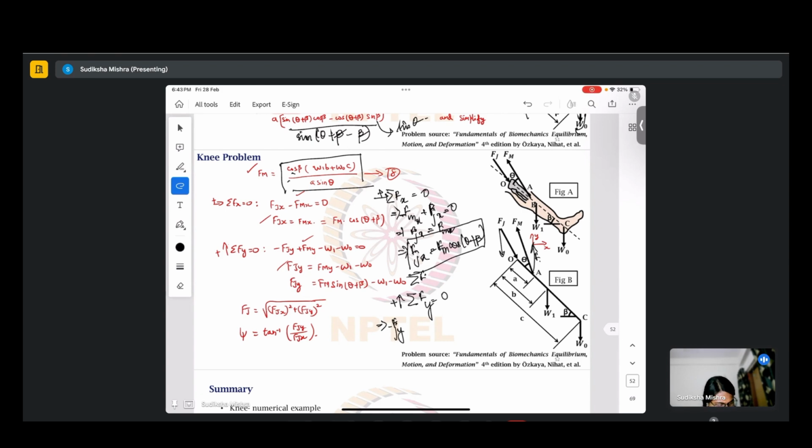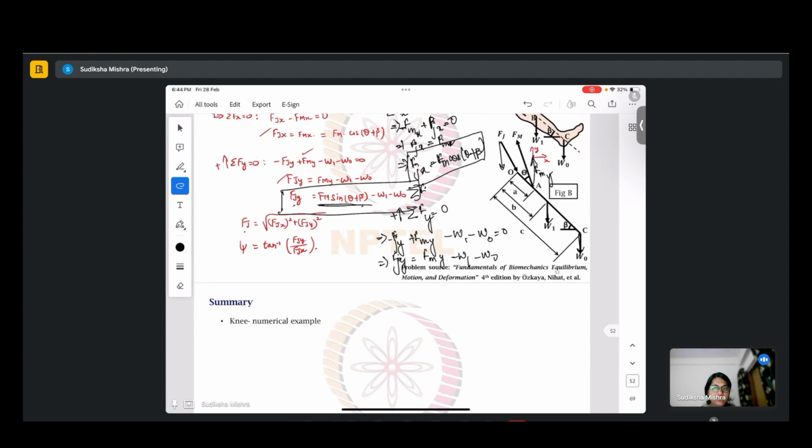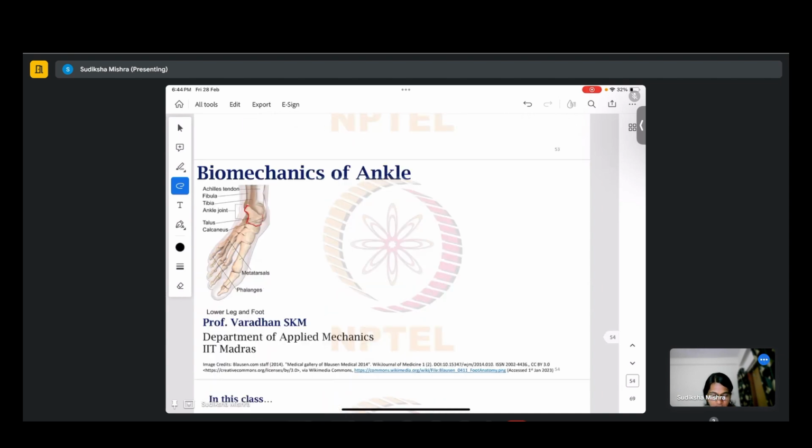This, which is in the positive direction, is Fmy. W1 and W0 both are acting in the negative direction, so minus W1 minus W0. So Fjy solves to Fmy minus W1 minus W0. Now if Fmy is Fm sin(theta plus beta), your Fjy becomes this. Then you can solve for Fj's magnitude and angle using these two parameters.